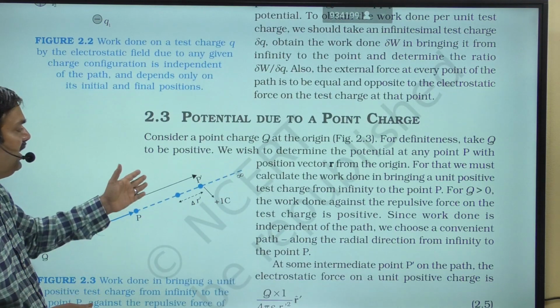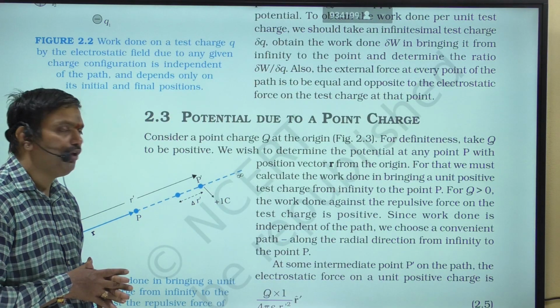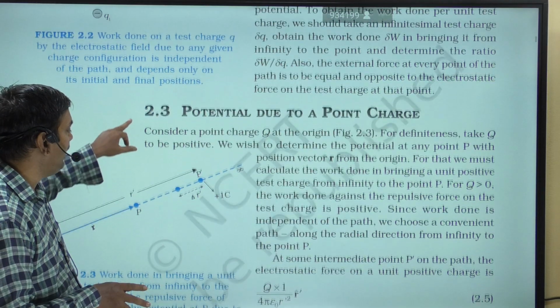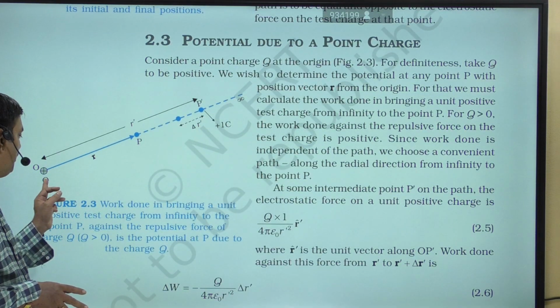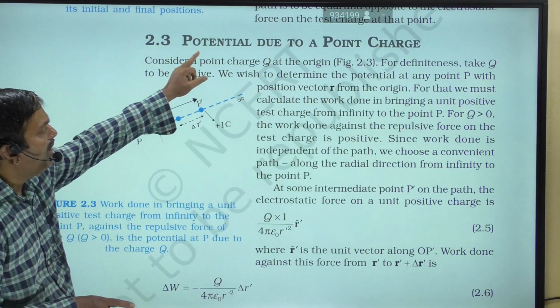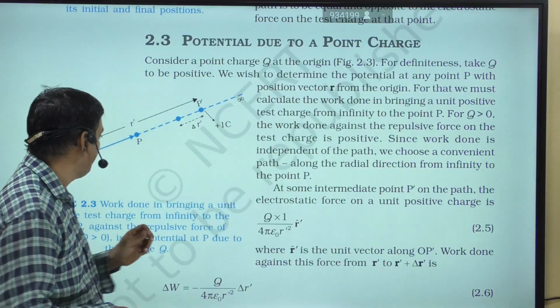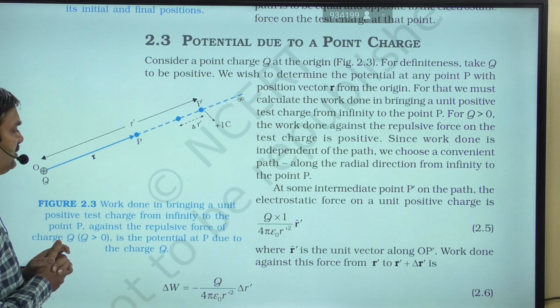So you see here, now we are going to get an expression for electric potential due to a point charge. Now for this we need to take this figure as you see here. So this is where the main charge capital Q is taken, and we are going to calculate electric potential, just now we discussed, due to a point charge, right? Electric potential due to a point charge, that's what we understand, right?